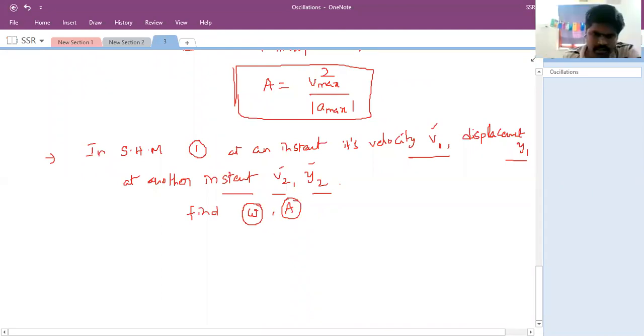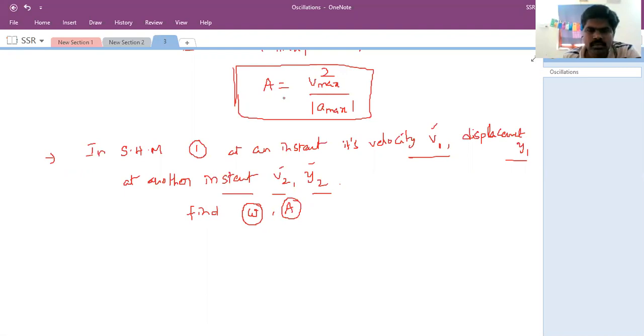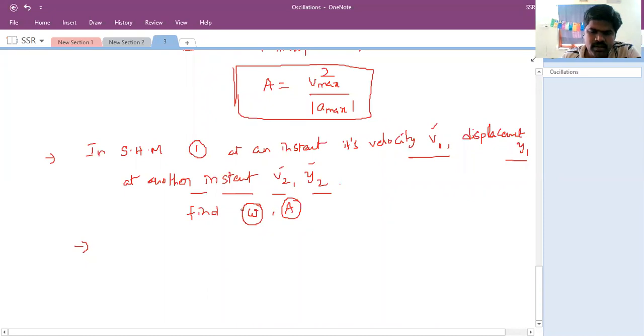Are you able to see the screen, what I am writing? Yes. My dear students, please react fast. Find omega and A in terms of v1, y1, v2, y2. Are you clear on this point?